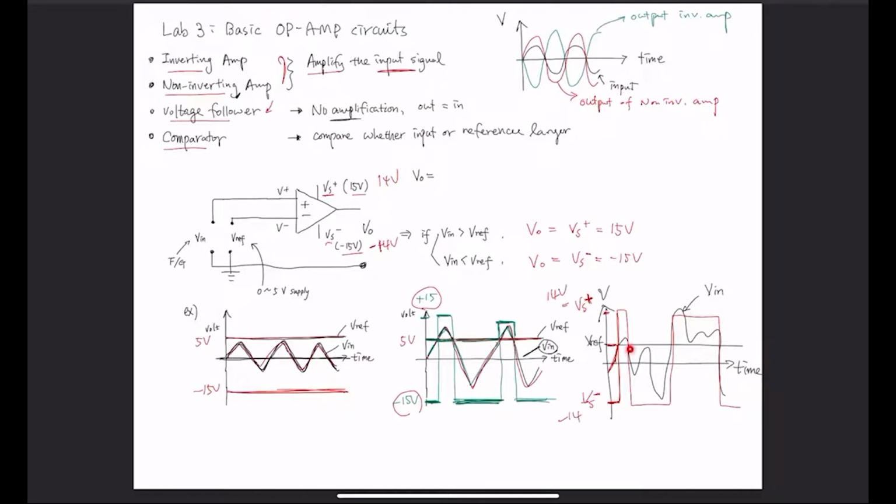And so when your input is lower than the reference, your output is going to be Vs negative, but suddenly at this portion, it is above your reference, so your output is going to be positive 15, okay? So it's like a threshold detector for whether your input is greater than your reference or not, and it shows a very distinct different output. So it compares whether your input is greater than the reference, okay?